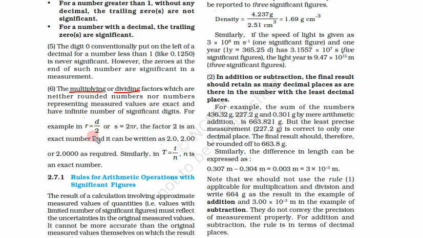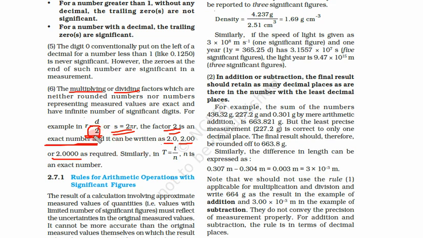We know the radius is diameter by 2, or the circumference of a circle is 2 pi r. In these formulae, this number 2 is an exact number. It can be written as 2.0, 2.00, as required. So, this has an infinite number of significant digits.